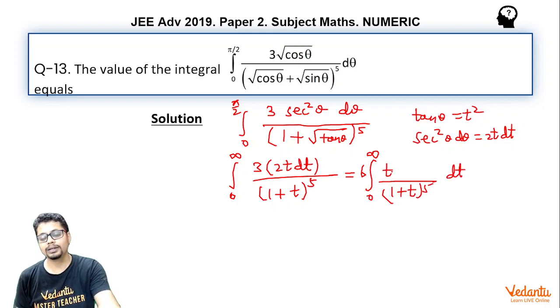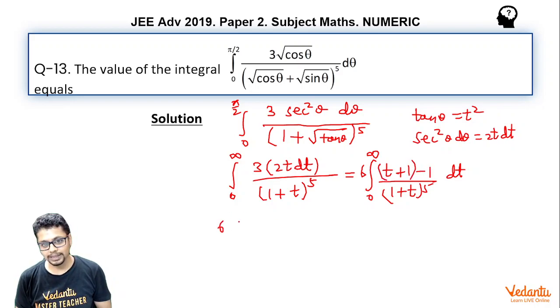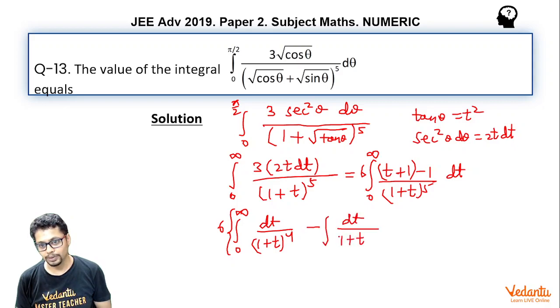Now the trick here is to do plus 1 minus 1. So it essentially becomes 6 times integral 0 to infinity of (t plus 1) divided by (1 plus t) to the power 5, which is essentially 1 by (1 plus t) to the power 4, minus integral 1 by (1 plus t) to the power 5.